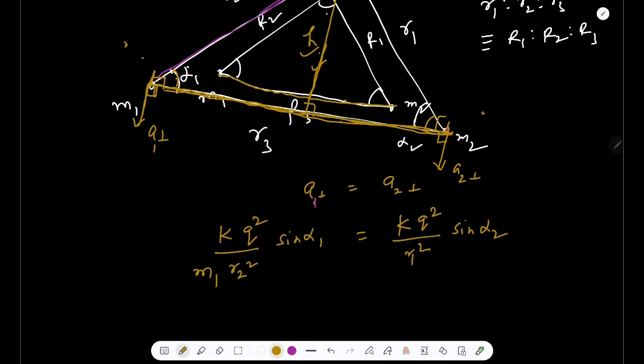So the sign is all right here, because sine of 90 plus theta or sine of 90 minus theta are both sine theta, so no problem here. And so these two equations are correct.